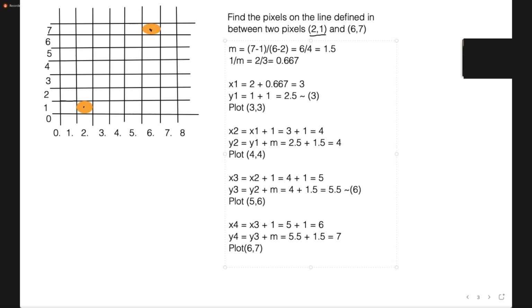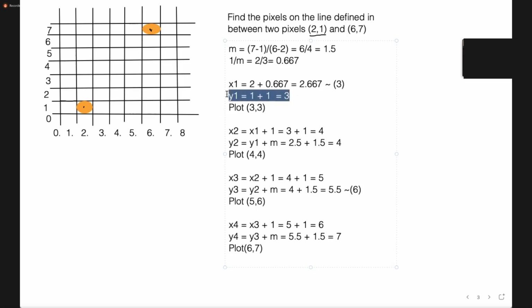So now it will become 2.667, approximately equal to 3. Now it is 3. And y1 will be added with 1, then it will become 3, because we increment on y direction.